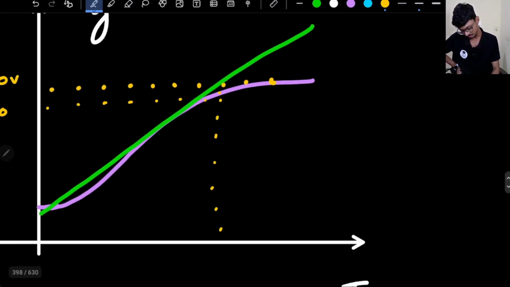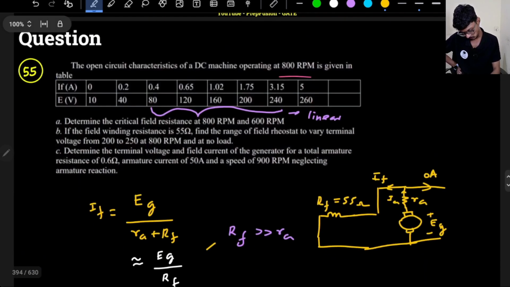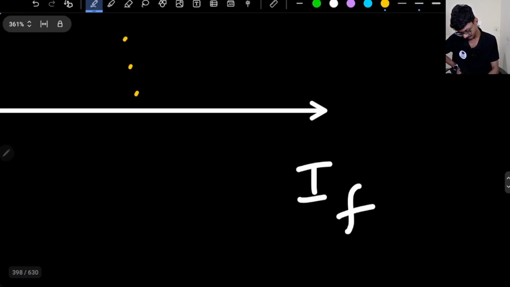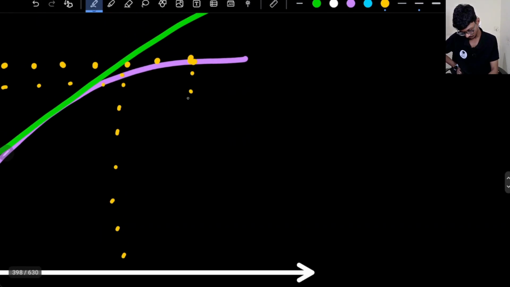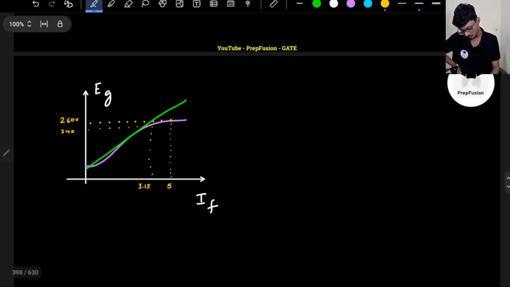So this is the current. What is the current here? The field current here is 3.15 amperes. So this will be 3.15 and 5 amperes.